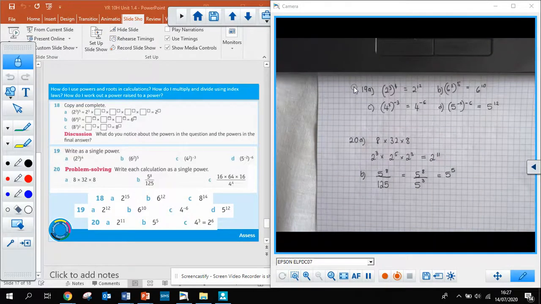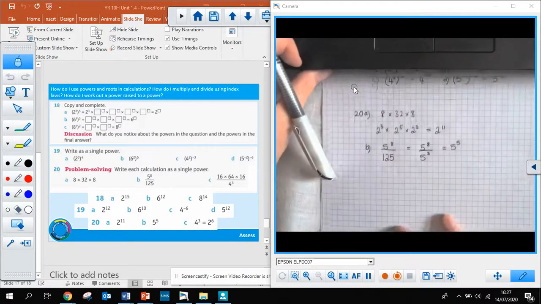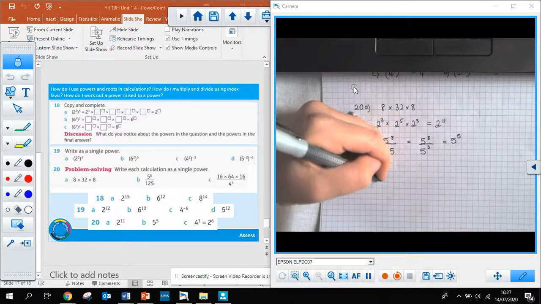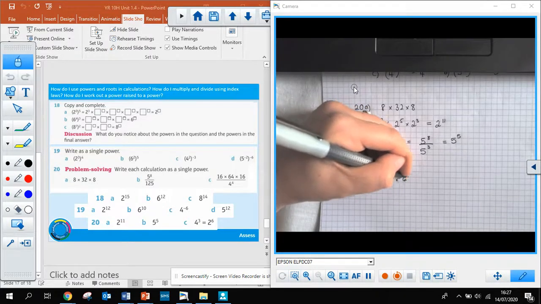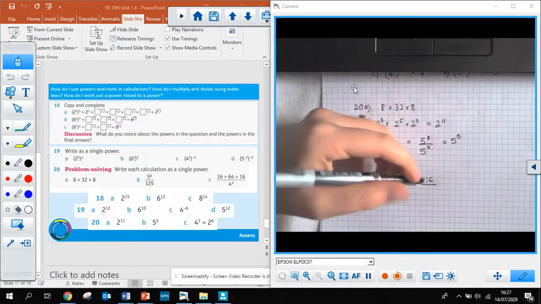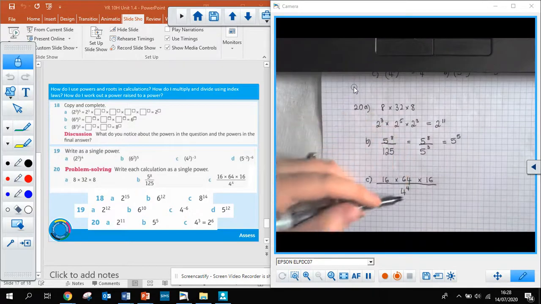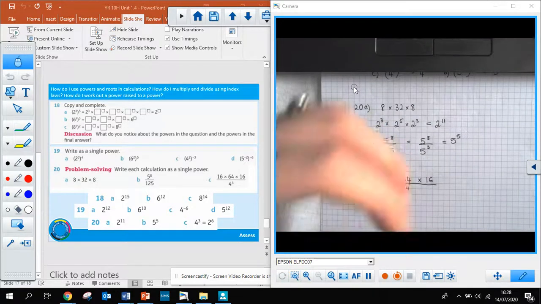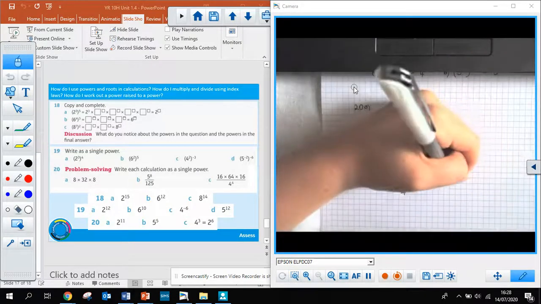Okay, and then C, the final one. We've got 16 multiplied by 64 multiplied by 16 all over 4 to the power of 4. That's your hint because that one's already raised to a power, so we need to get the others raised to a power with the integer of 4.